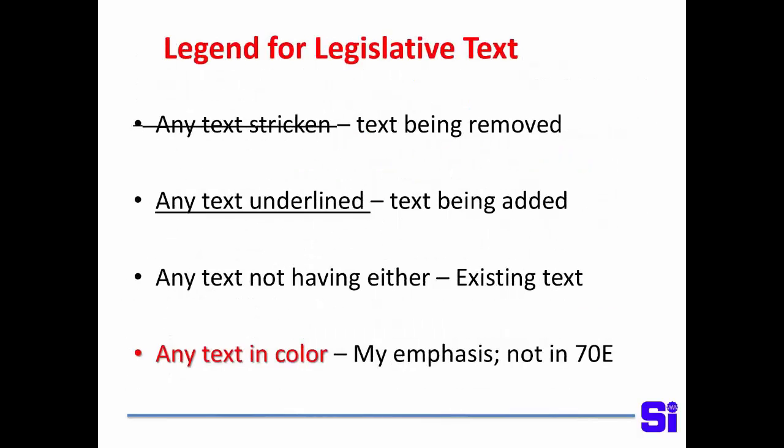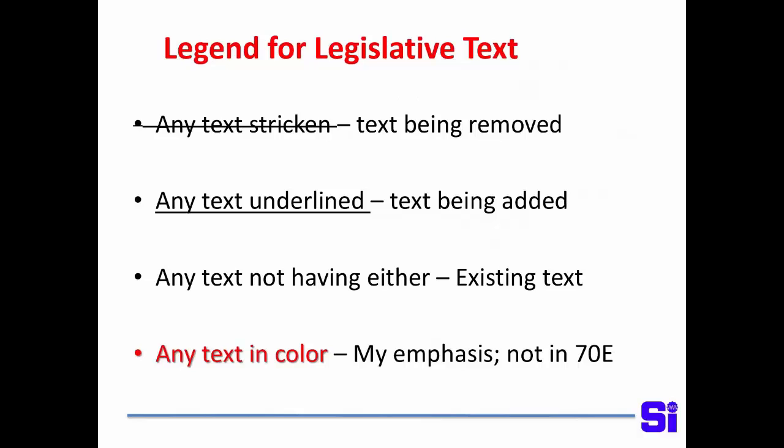The slides that I'm going to show you are written in legislative text. And it gets a little confusing because there's a lot of lines and stuff going on. Any text that has a strike through means that for the 2018 edition, that text is being removed.